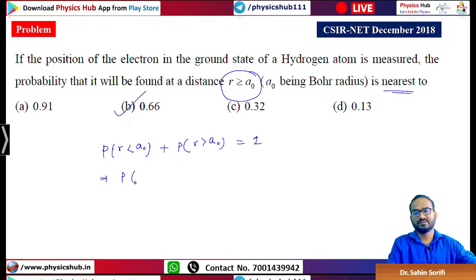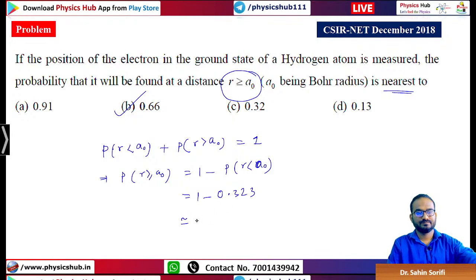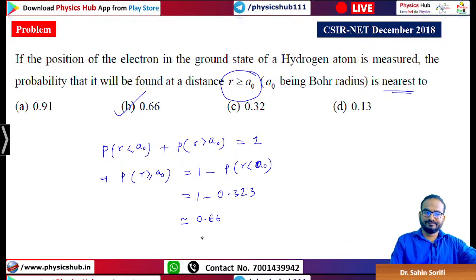So the probability that it will be beyond the Bohr radius is 1 minus the probability that it will stay inside the Bohr radius, 1 minus 0.323, so approximately 0.66, you can say, approximately, actually 0.68 or something. So even without any calculation, we can choose option B.